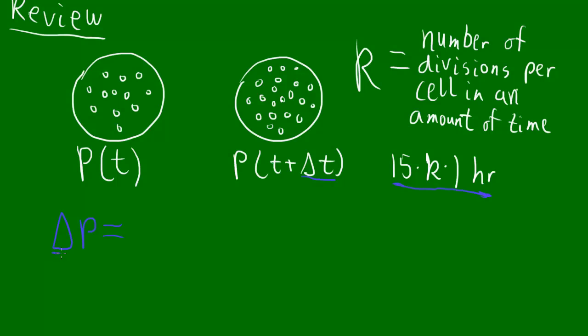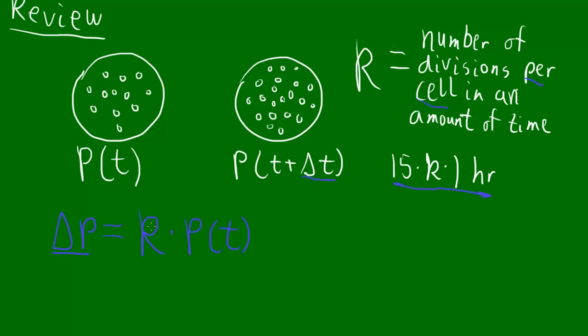So that change in population delta p is going to equal first k, which is our constant for the division, and since that k is expressed per cell, we need to multiply that k by the amount of bacteria we have at the beginning of the time that we're considering. So we'll multiply that by p of t.